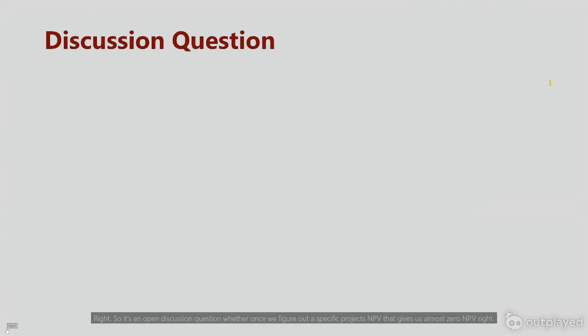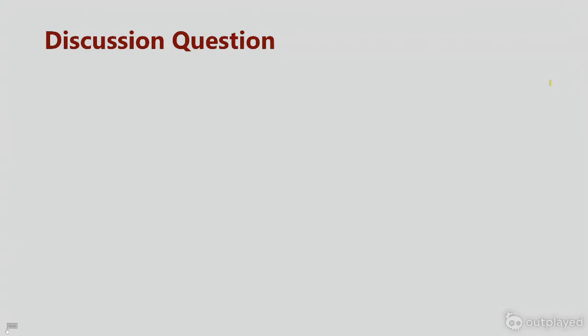It's an open discussion question whether, once we figure out a specific project's NPV that gives us almost zero NPV, it's not negative, but what do we do? Under the original norm of NPV, we should not accept it, right?